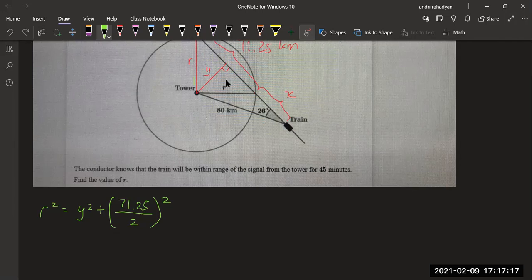Y squared equals 80 squared minus 71.25 over 2 plus X squared.